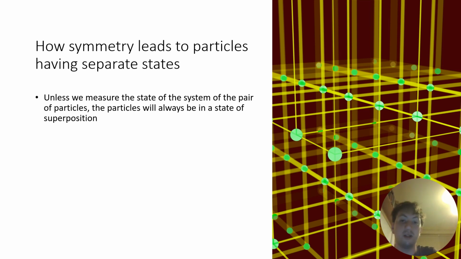And a consequence of this is that the overall state of our system is got by simply summing the individual possible wave functions. And because we've got two particles, we've got two wave functions, and we have to add these together to get the overall wave function of our system.